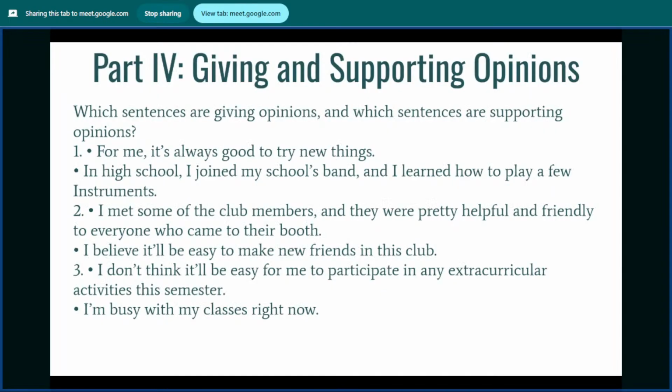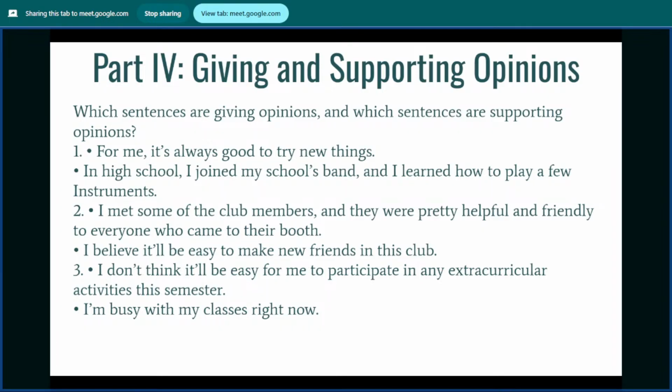Now, giving and supporting opinions. When we give opinions, for our opinion we will also give supporting opinions, or we could give examples. Your supporting opinions are nothing but the examples which we give for why we support that opinion. The example given here is: for me it is always good to try new things.